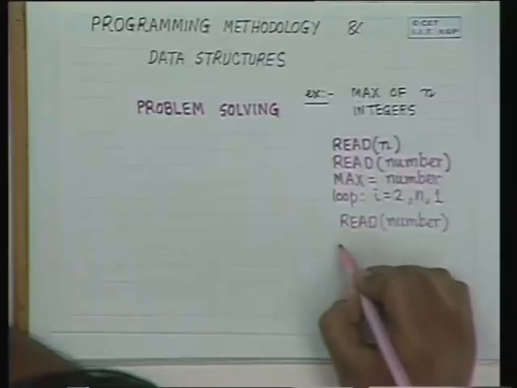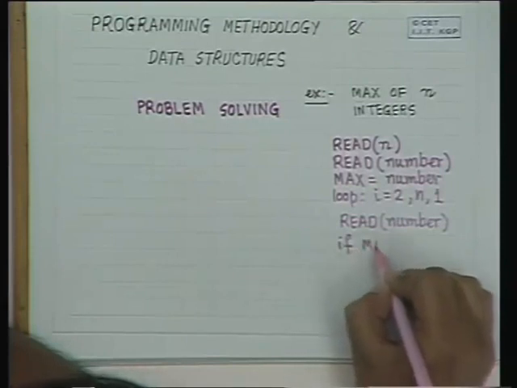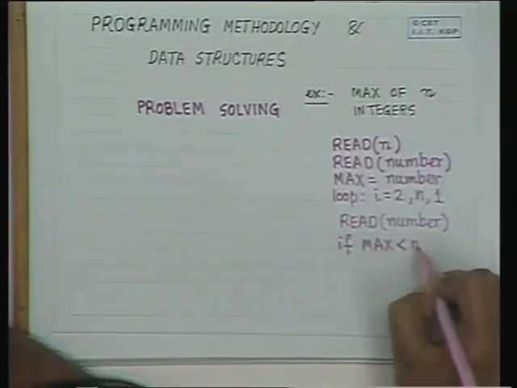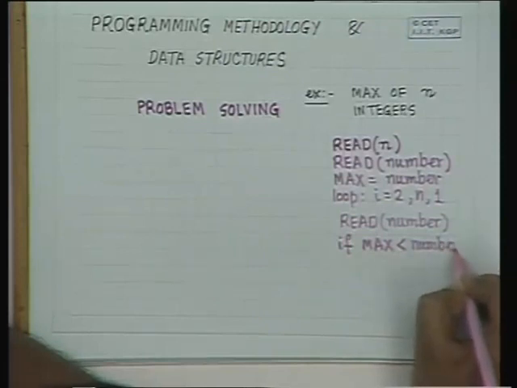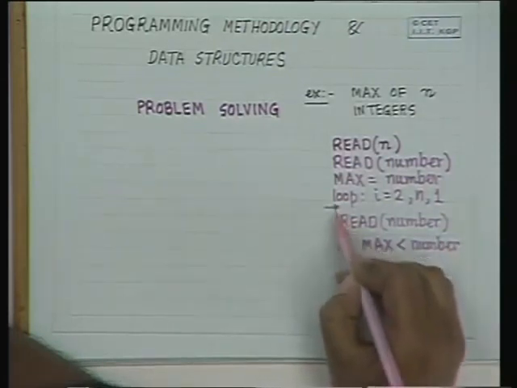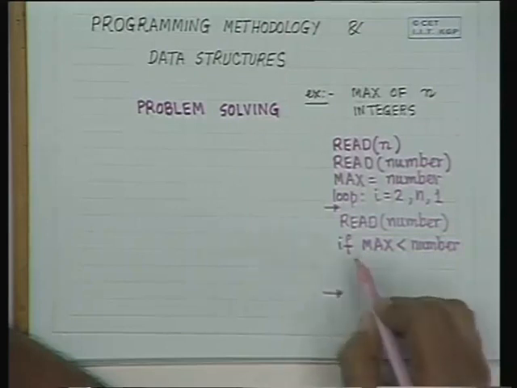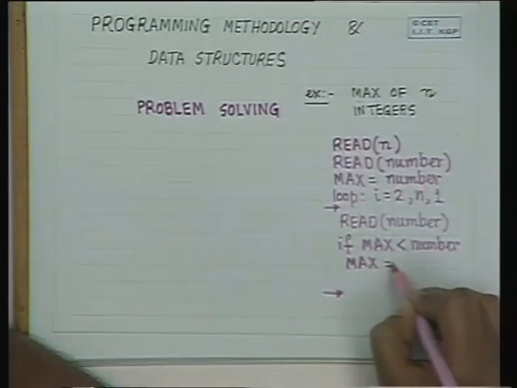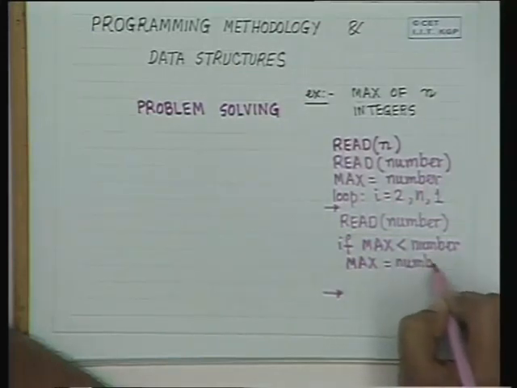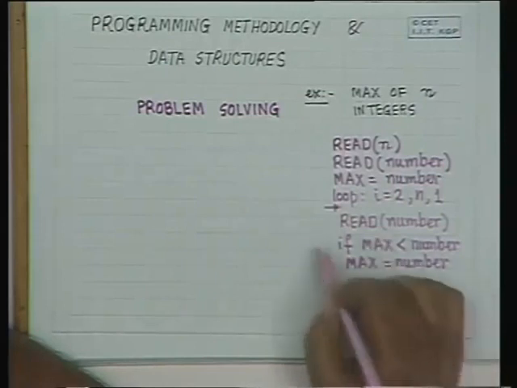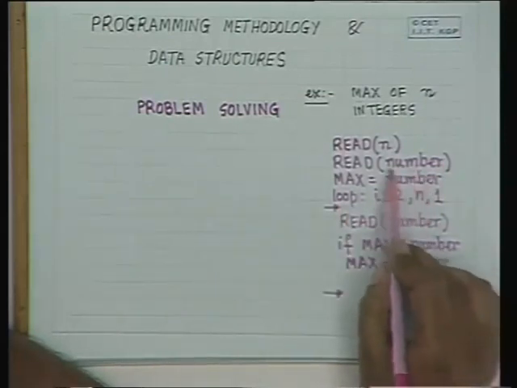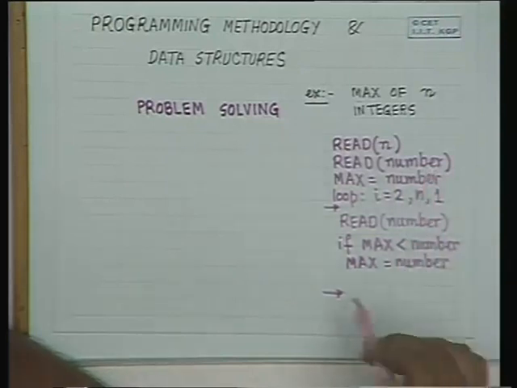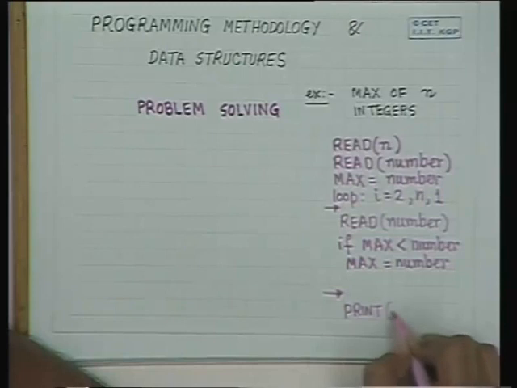That is, if max is less than number, max is equal to number, and this loop would continue from 2 to n because the first number has already been read, and at the end of the loop you would just print the value of max.